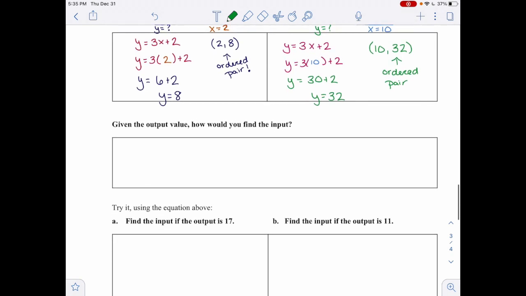So here we're going to substitute. It's all about substitution. It's just making sure you substitute for the proper variable. So you're going to substitute the output, which is the y, and solve for x.